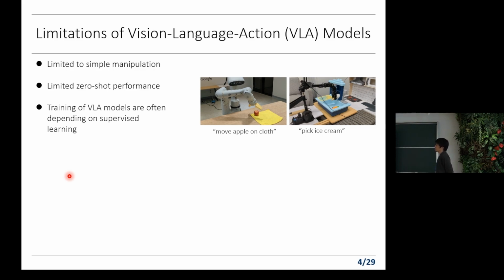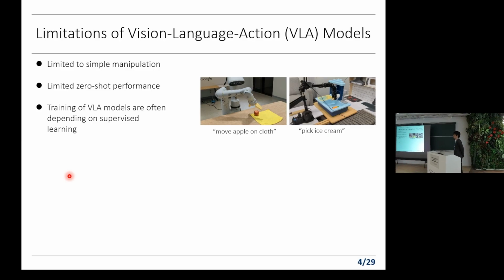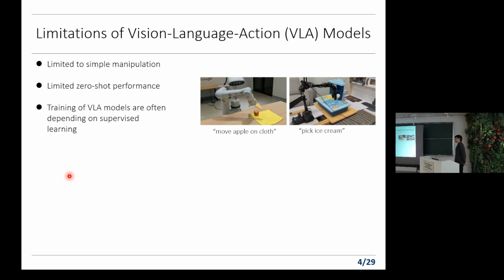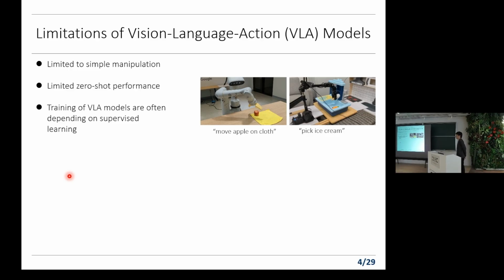Here it looks like the system is working perfectly, but actually the zero-shot performance of this model is very limited. For example, if you go to a totally unseen environment, the model does not work well. Also, when we train this kind of models, we require a massive demonstration dataset, and we perform supervised learning.